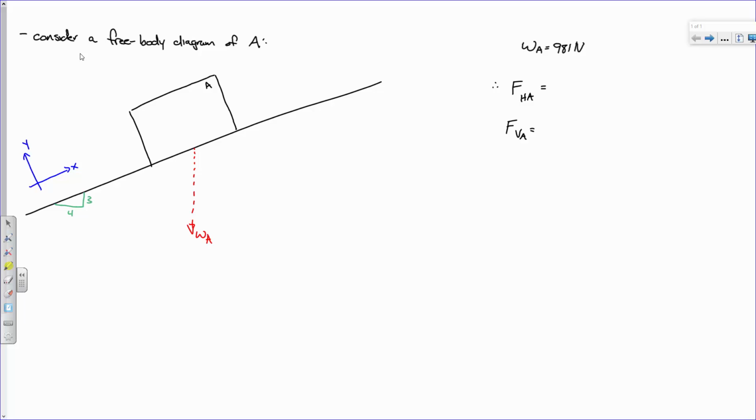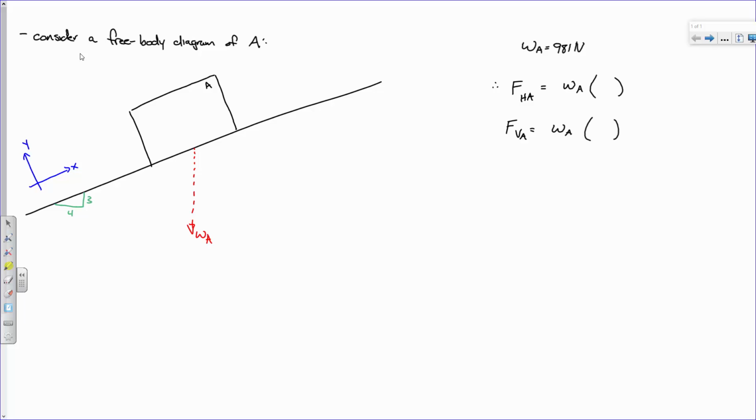Now, what we're going to do is take the weight of A and multiply it by a fraction. And those fractions are going to be 3/5 and 4/5. Okay? See how we've got the horizontal component here?